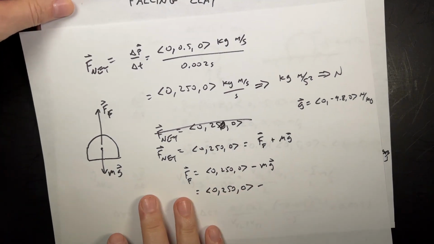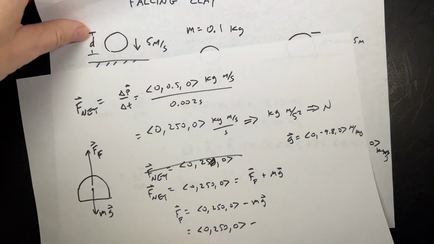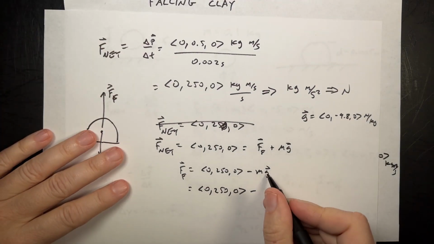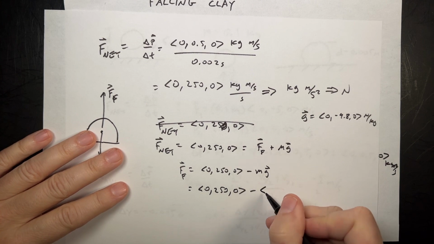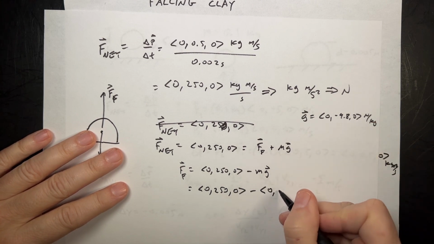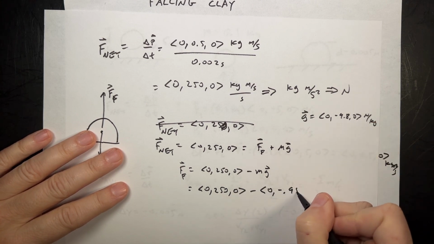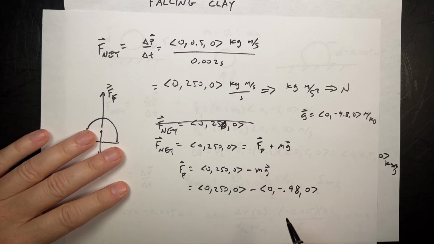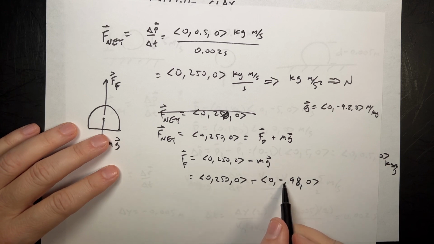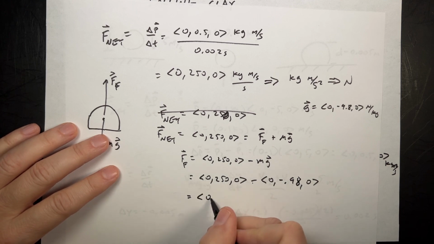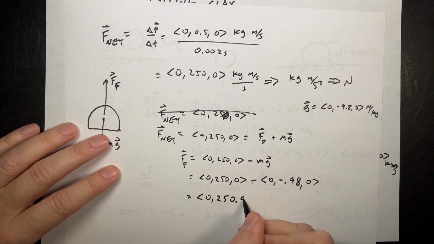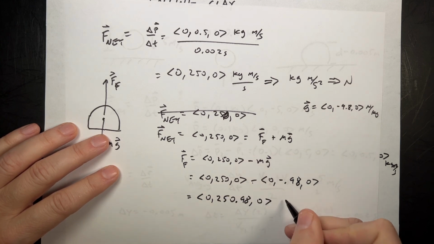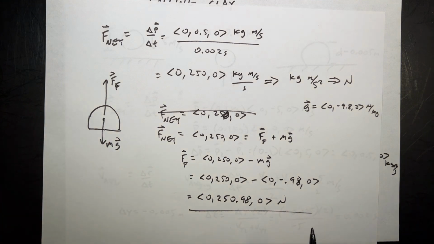Let's do this as a number: 0, 250, 0 minus the mass, 0.1, times 9.8, written as negative, so 0, -0.98, 0. A negative of a negative gives me 0, 250.98, 0 newtons. And you see something really important here.